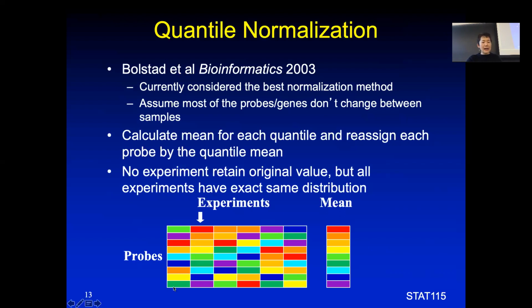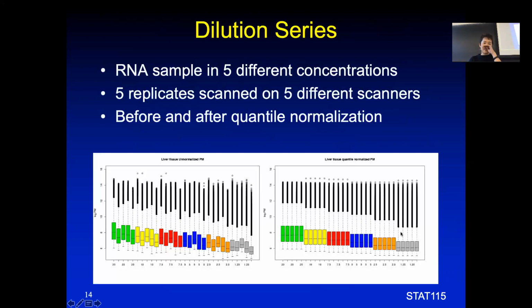However, supposedly you already have 100 arrays from the same array type, 100 different conditions. You created this mean column, and now you have the 101st array. By that time, you don't need to create this mean anymore. You just say, okay, rank this last array, replace the top probe, second probe, third probe with the mean that you already got from the previous 100 arrays, and you'll probably get a pretty decent number. So this way, no array is considered a reference sample. You create this reference sample and you use it to replace all the original data. Okay, so that's quantile normalization.